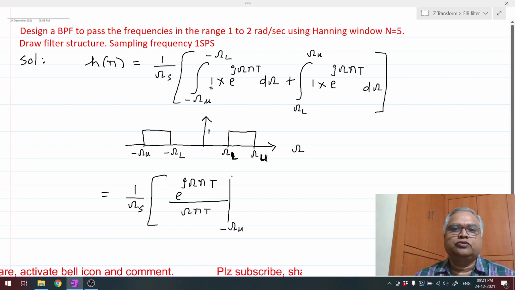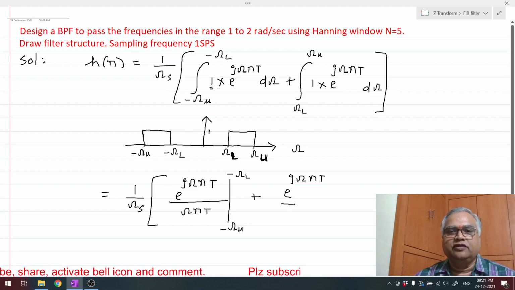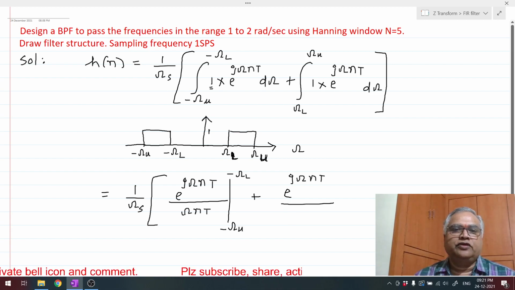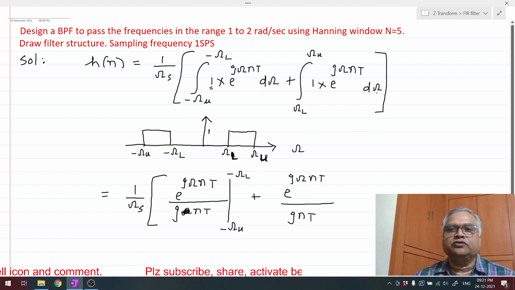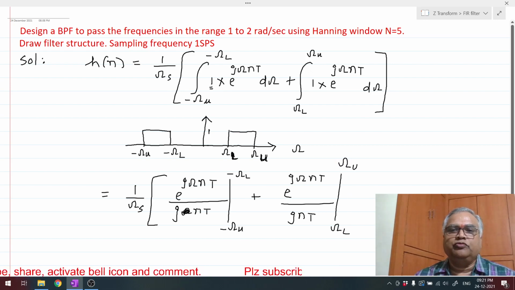Minus omega u to minus omega L, plus e power j omega n by jn. Here j will come, here also j, because we are integrating with respect to omega. Limits are here omega L to omega u.